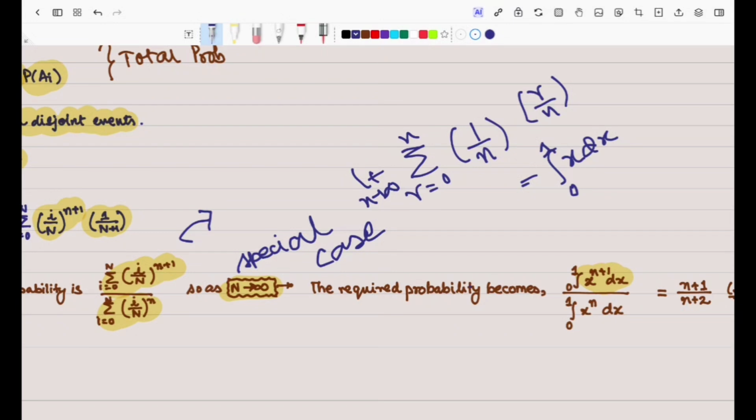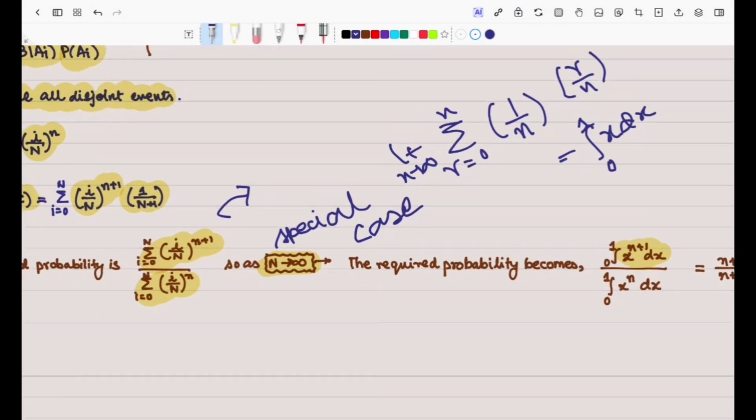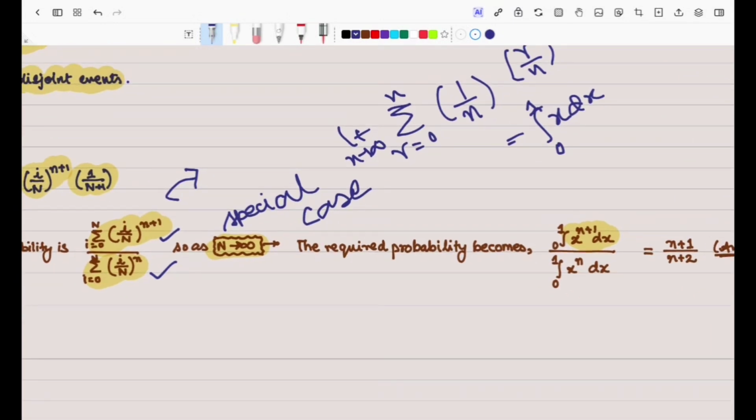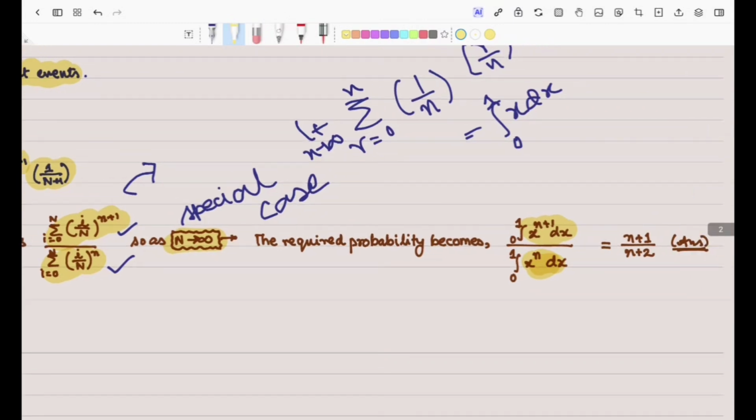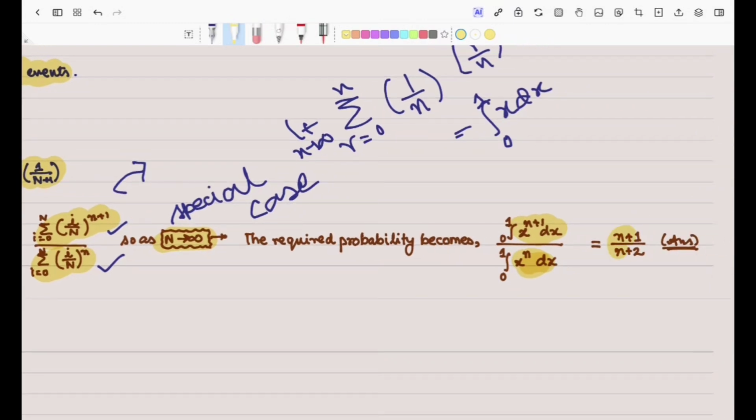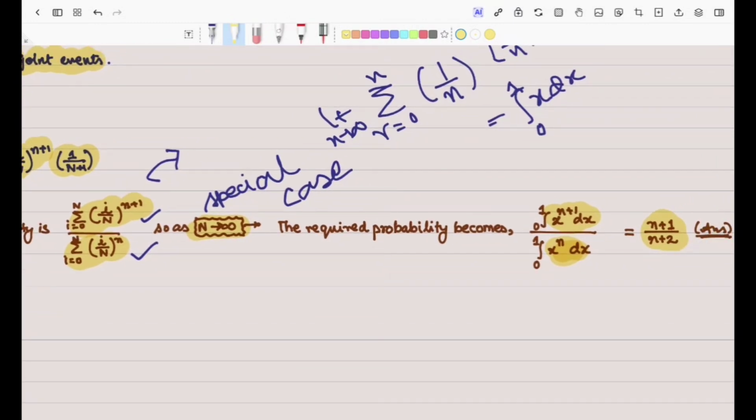In a similar way, you can say that this limit and this limit, when n goes to infinity, both become of the following formats, right? And hence on solving them, we get that the value is equal to n plus 1 by n plus 2.